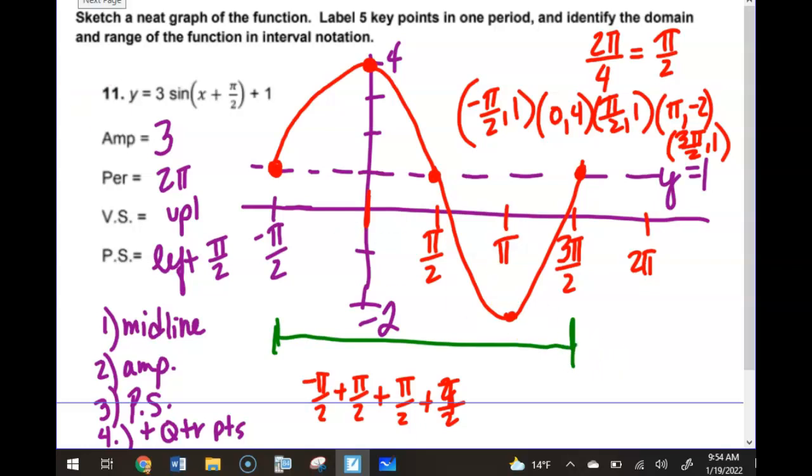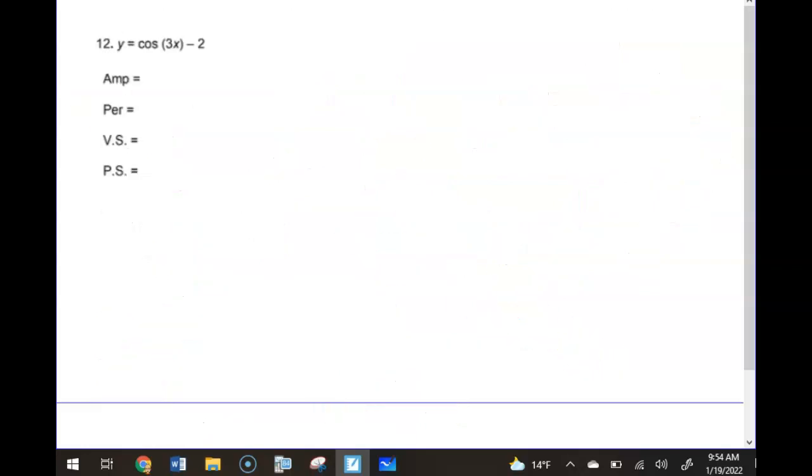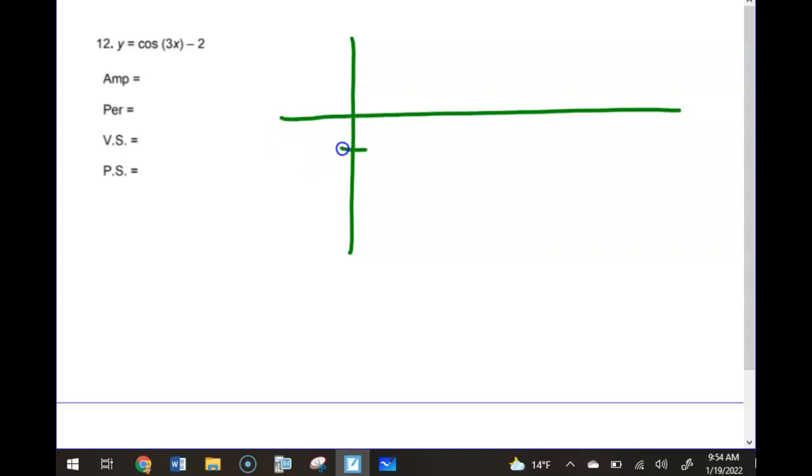All right, let's do this one super quick. This one has a graph with a period, yes? Midline is down at 2, so vertical shift is down 2, so negative 2.